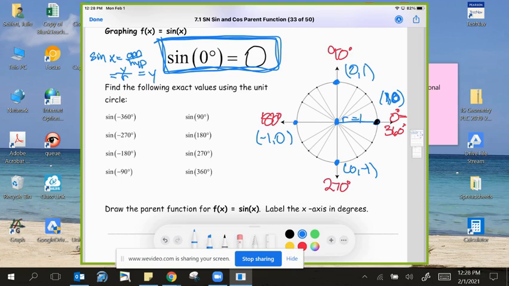So we are going to use those positive angle measures, and we are going to find sine of each of these angles. How do we find sine? Sine is what coordinate? Is sine x or y?